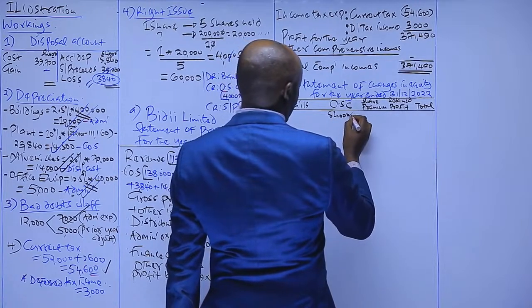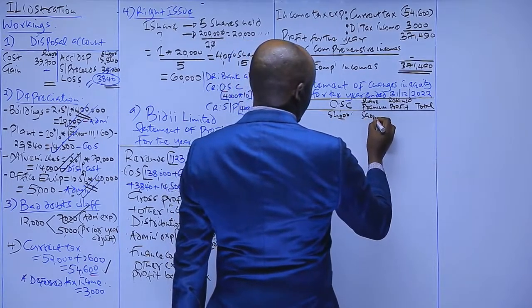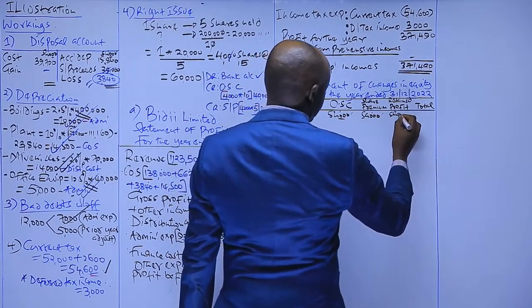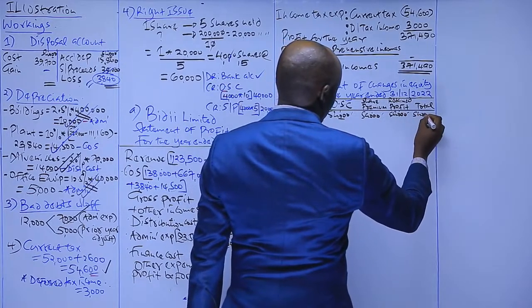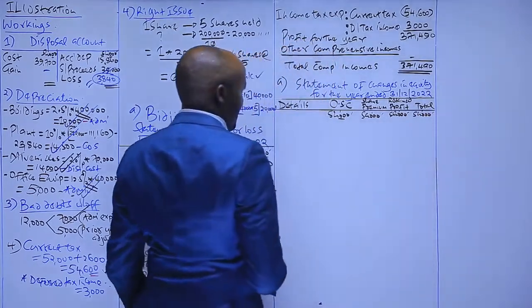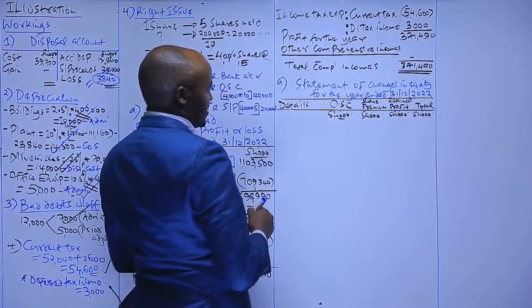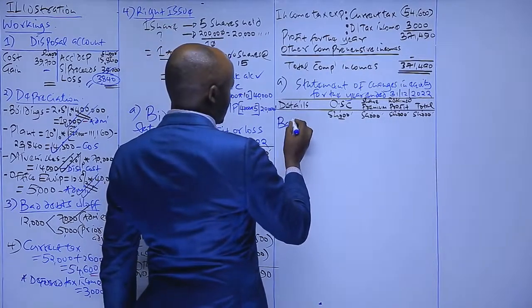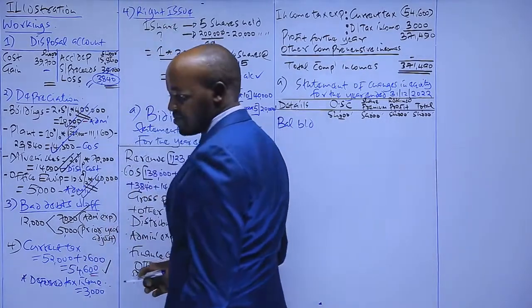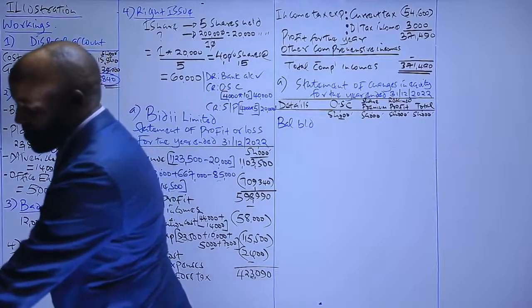Our figures here are in thousands of shillings. So what do we start with here? We always start with the opening balances, the balances brought down. These are the figures we have in the trial balance.